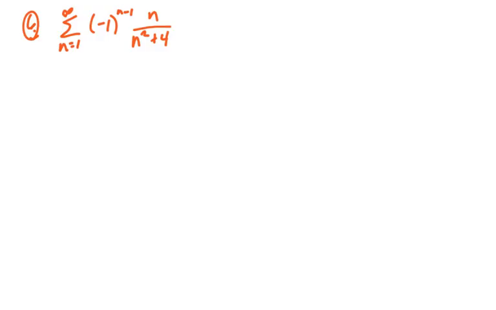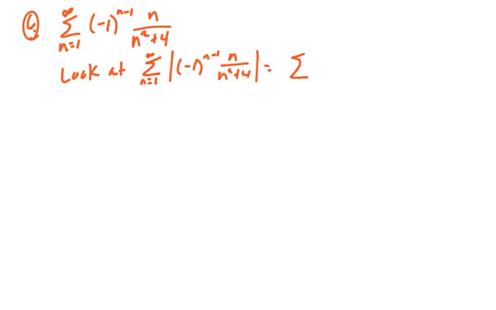So the directions say determine if the series is absolutely convergent or conditionally convergent. So let's look at the absolute value. Look at it as a better phraseology there. The absolute value of the alternating series of n over n squared plus 4. So that takes away the negative 1 power.